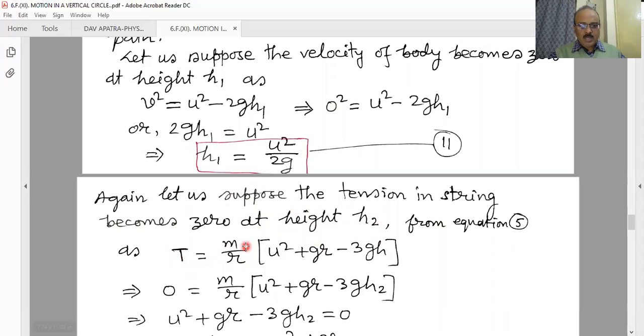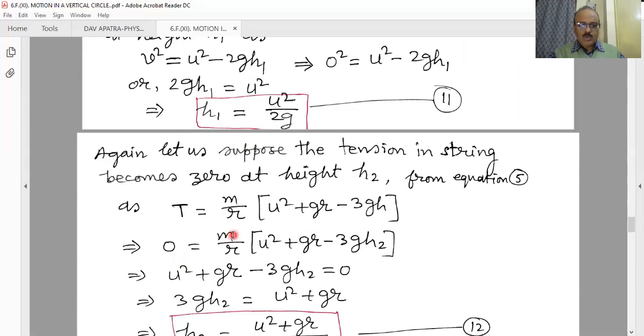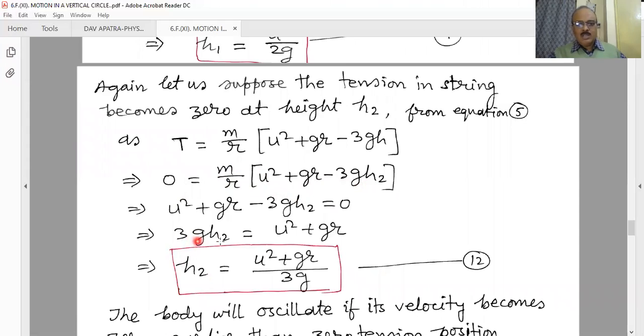So T is equal to 0, m by r times u square plus gr minus 3gh. In this case we are taking h2. Therefore, 0 is equal to m by r times u square plus gr minus 3gh2. And therefore, u square plus gr minus 3gh2 is equal to 0, or 3gh2 is u square plus gr. And from that, we get h2 equal to u square plus gr, divided by 3g.